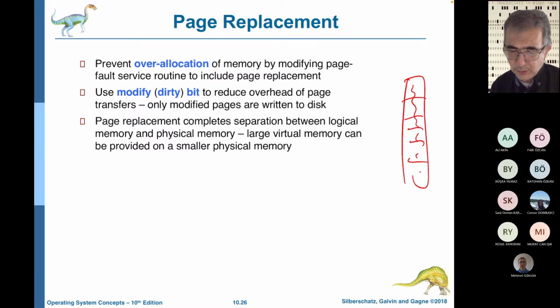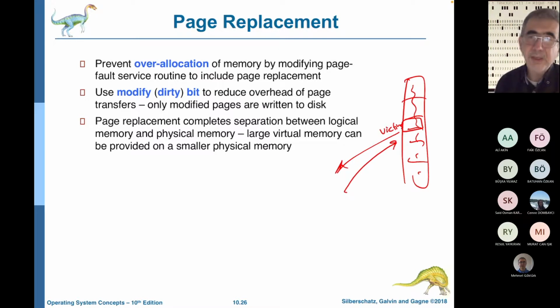Once you finish bringing the pages, you are finished. So what you need is to send victims back and put new ones in. So that is the page replacement algorithm, and it makes use of the memory efficiently.